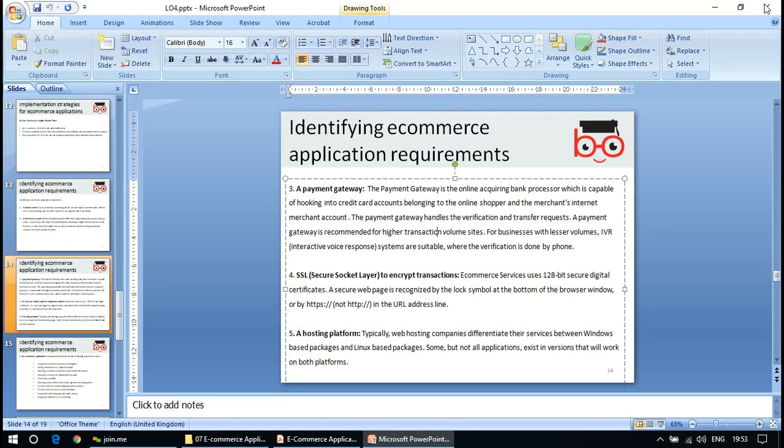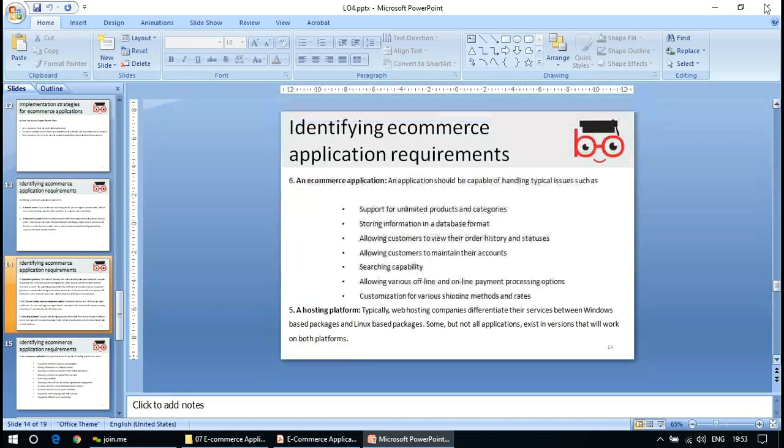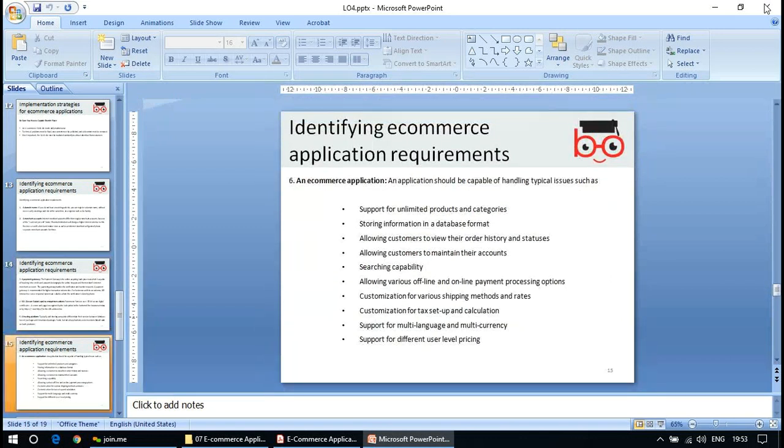Then hosting platform. What is a hosting platform? It's basically somewhere where they host your files and present your files to other users. So what happens, the domain name is purchased from a kind of ICANN, I believe.